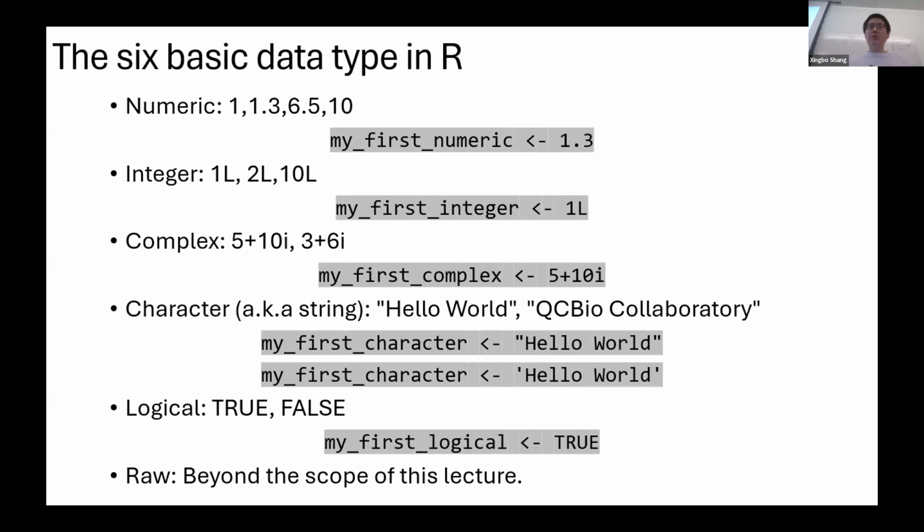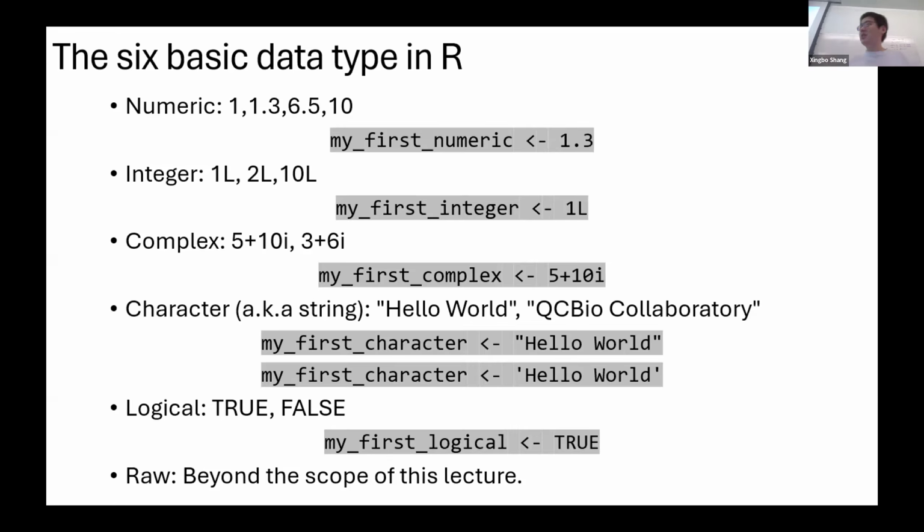First we have numeric, which is just numbers. You can have whole numbers, like 1, 5, 6, or fractional numbers like 1.3, 6.5. The way you define a numeric is the simplest one, just as we showed before: you have the number and then assign it to your variable.